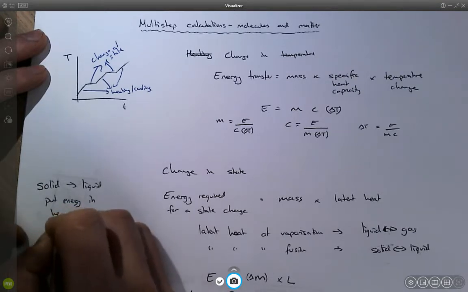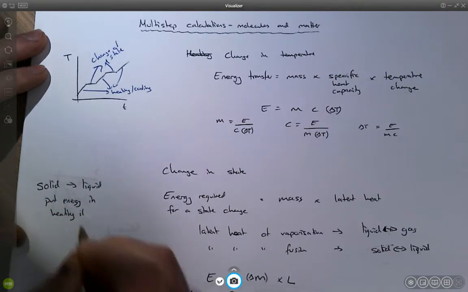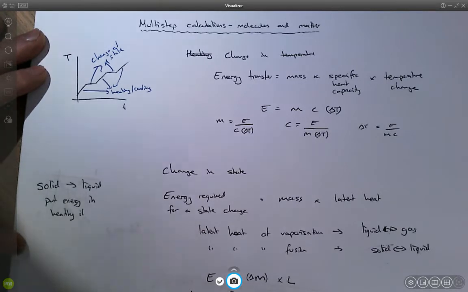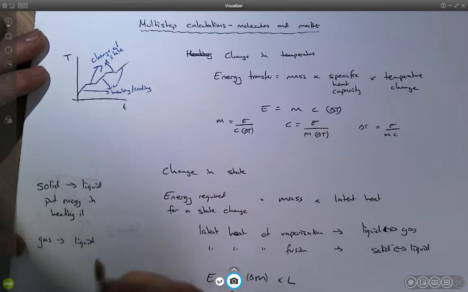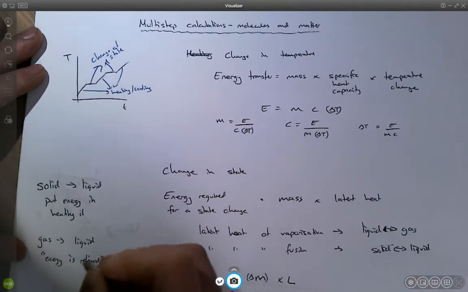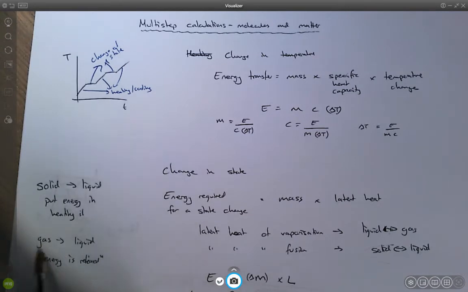So we might say we're heating it. If we were going, for example, gas to liquid, then effectively energy is released. The gas is transferring energy away from it, and that's released.